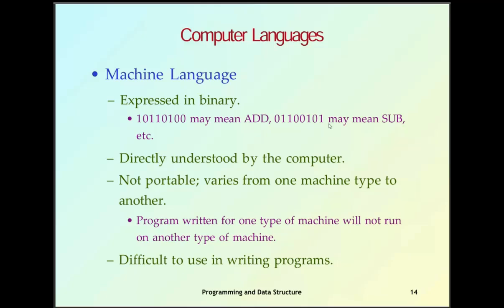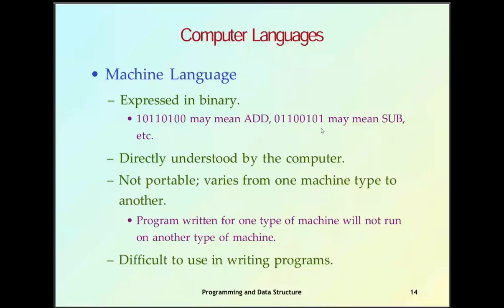Now imagine a situation. If this is the case, as human beings we have to learn another language, a machine language, and only then will we be able to communicate with the computer. And this language itself seems very difficult to understand.